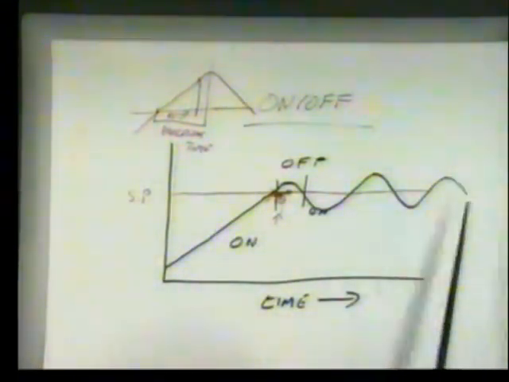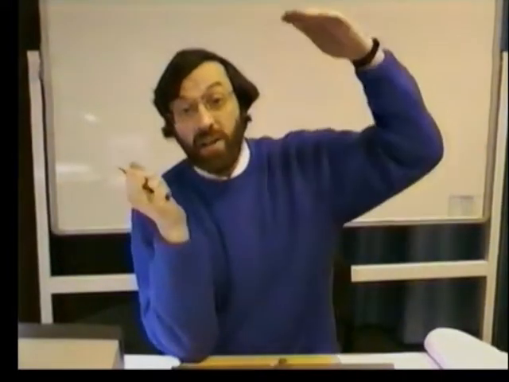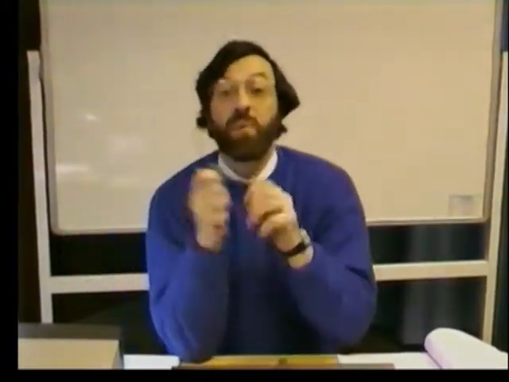So you would tend to oscillate around the set point. Now that's okay if the frequency of oscillation is slow. With a room heating system or with air conditioning, it probably will be. It will glide up, click on, click off, click on, click off, as the temperature is rising and falling. Nice and slow.